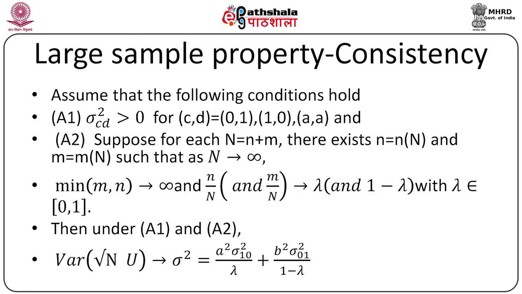Naturally, lambda equals 0 or lambda equals 1 gives a degenerate case. Then, under conditions A1 and A2, N times variance of U tends to sigma square, where sigma square equals a square sigma square 1,0 divided by lambda plus b square sigma square 0,1 divided by 1 minus lambda.